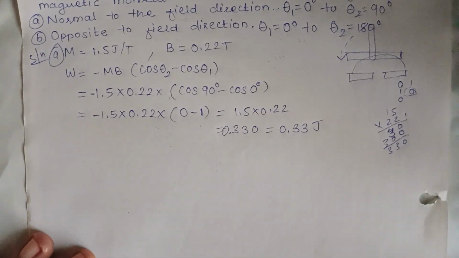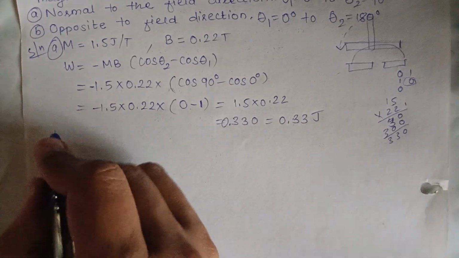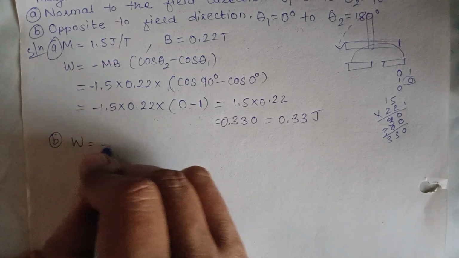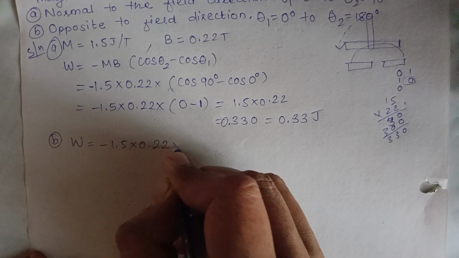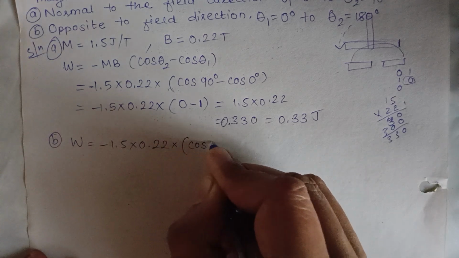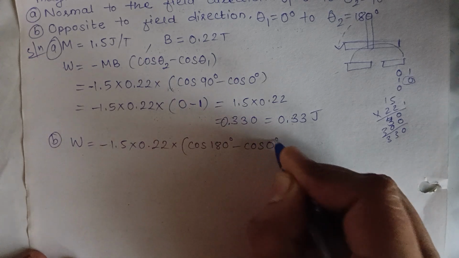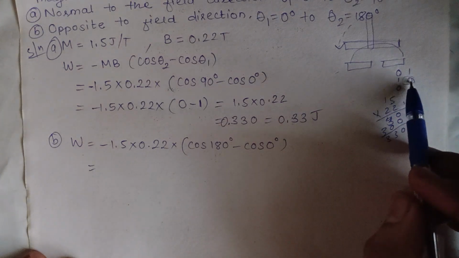Now we are moving from 0 to 180. Same formula. 1.5 into 0.22 into cos 180 minus cos 0. Cos 180 is the opposite of 0.